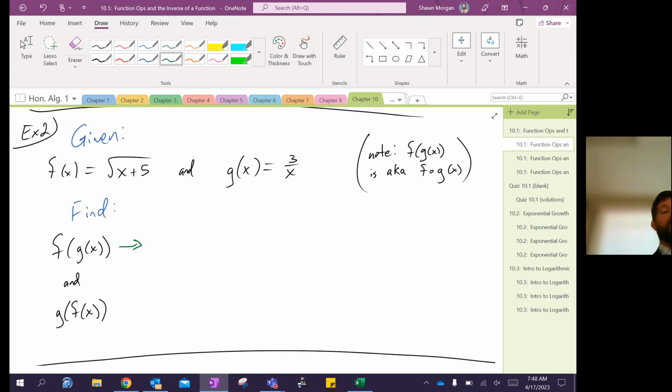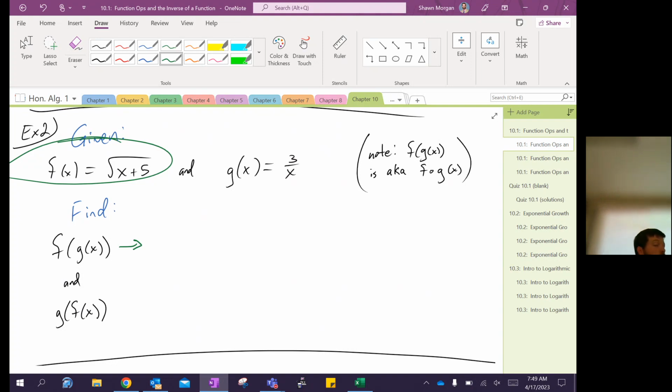So our normal f rule right up here would say, take whatever's in parentheses, add 5, and take the square root. Okay, for example, George, what is f of 4? Plug 4 in and what do you get? So you end up with 3. Very good. 4 plus 5 is 9, square root of 9 is 3.